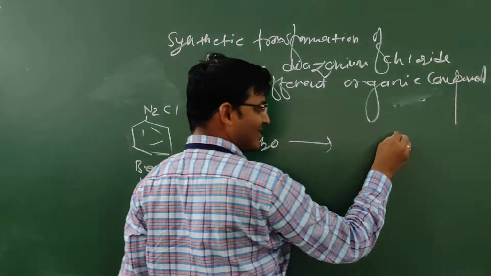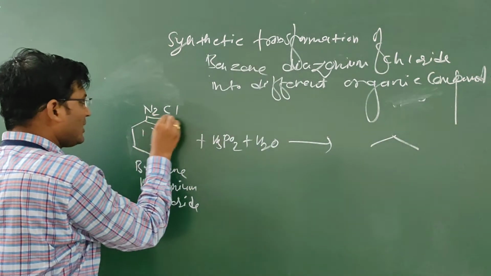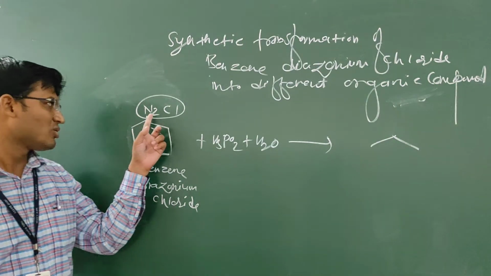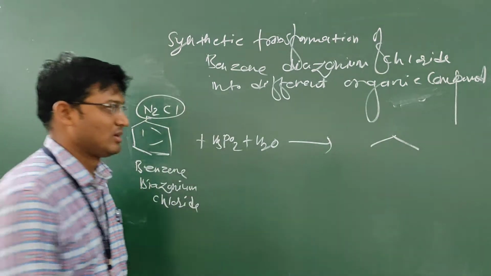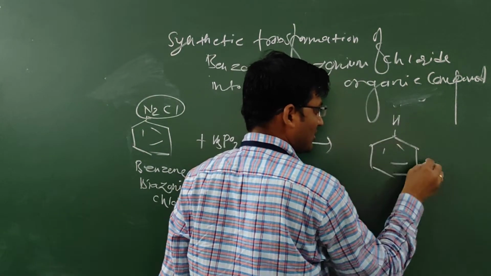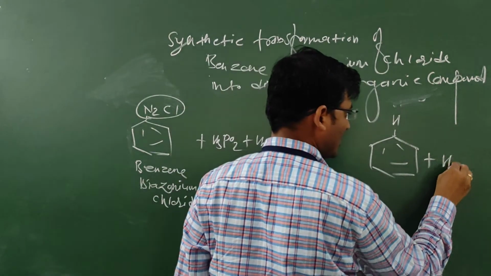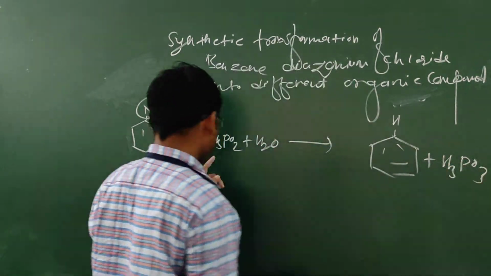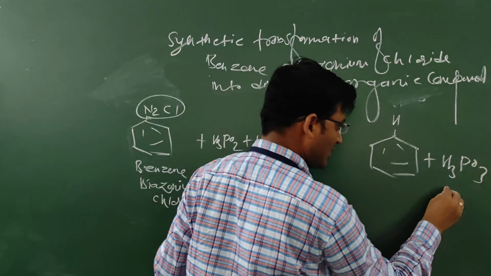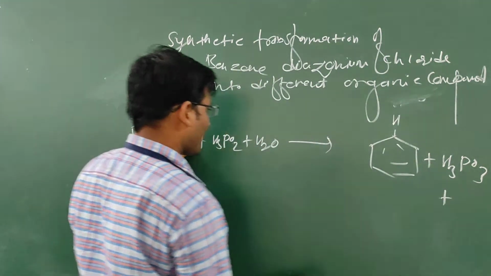The N2Cl group is replaced by hydrogen. That is replacement of the diazonium chloride by hydrogen. And we can prepare an aromatic compound plus H3PO3. H3PO2 is hypophosphorous acid. H3PO3 is phosphorous acid, plus HCl.